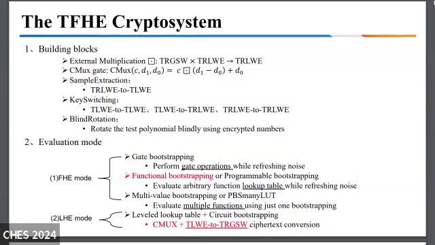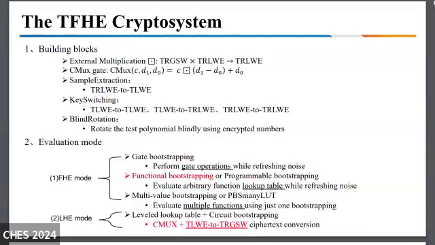So this slide shows some background about TFHE. The most important is that in TFHE, we have two different evaluation modes. The first one is the gate mode. Gate mode means that if we evaluate a gate, we must perform bootstrapping. So this is very costly.